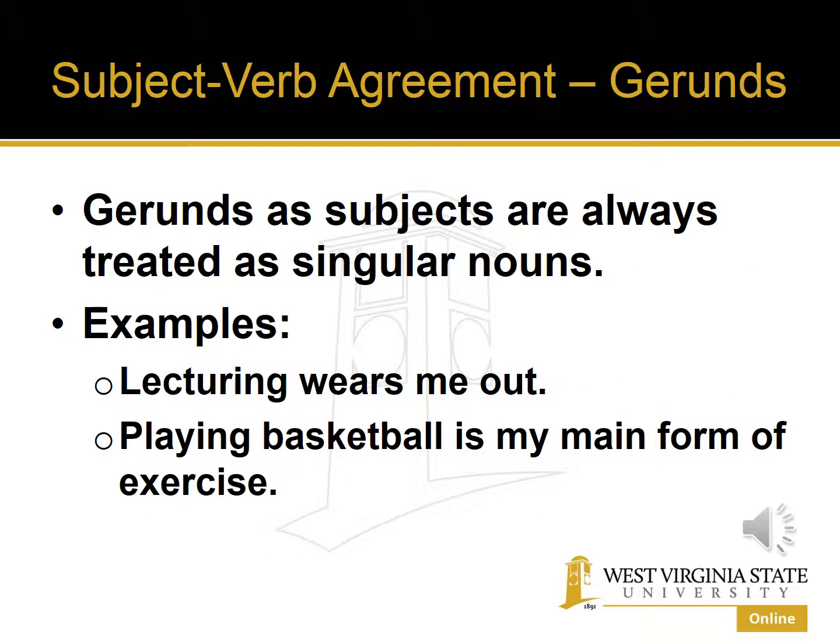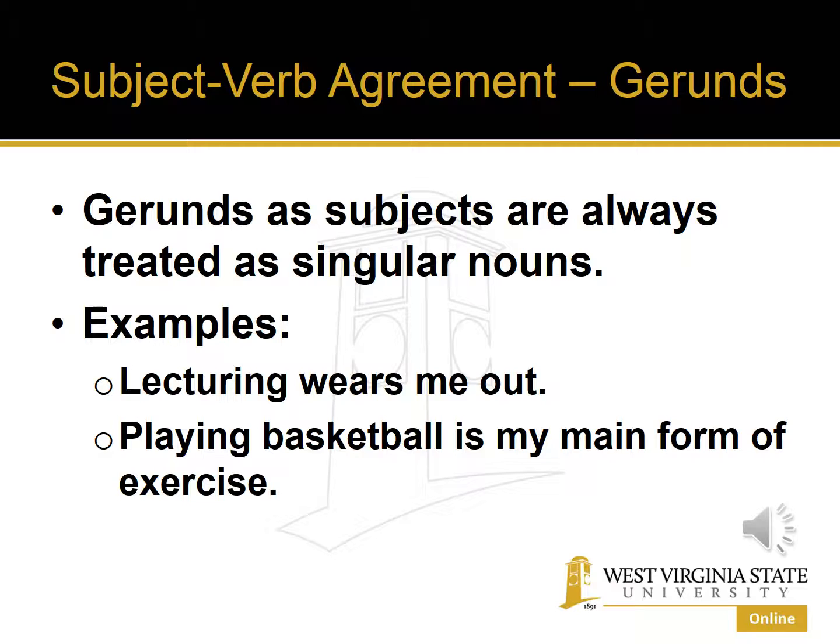Another problem area with subject-verb agreement is with gerunds as subjects. When a gerund is the subject of a sentence, it's always treated as a singular noun. So some examples. Lecturing wears me out.